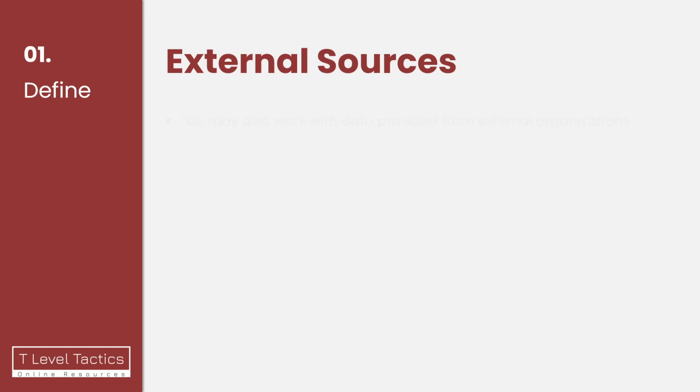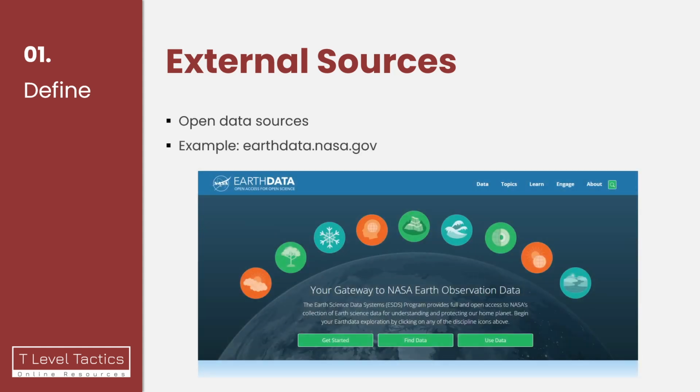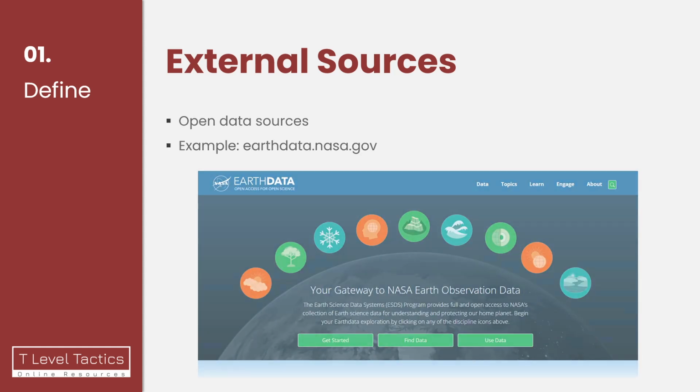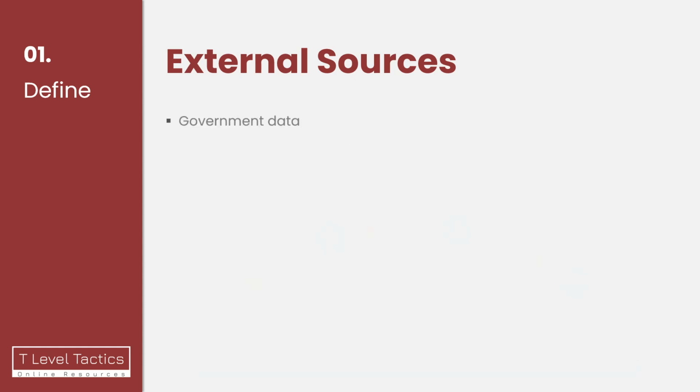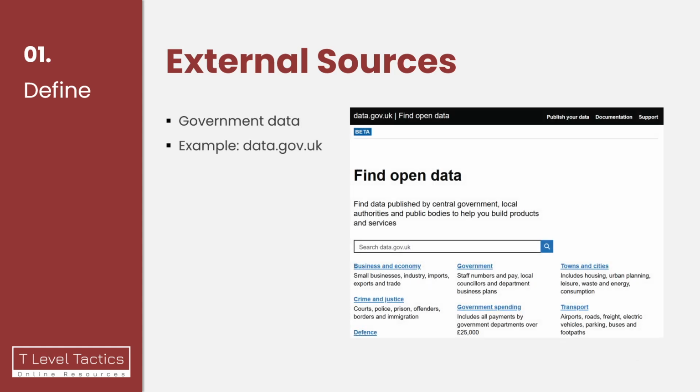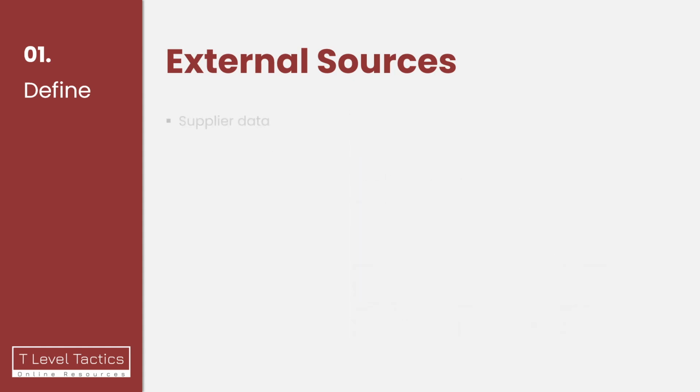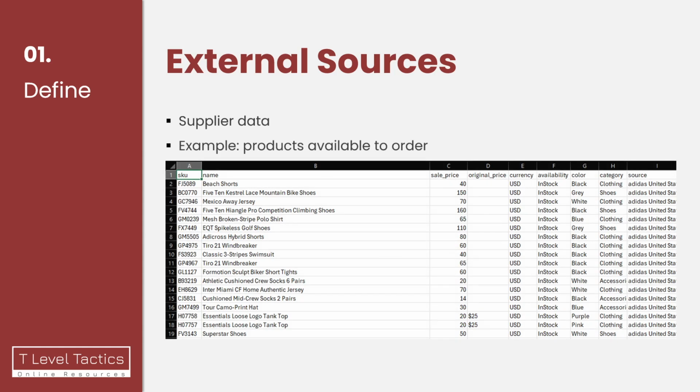You may also work with data provided from external organizations, such as open data sources like earthdata.nasa.gov. It could be government data, like from data.gov.uk. Supplier data, such as products that are available to order for a store or a shop.